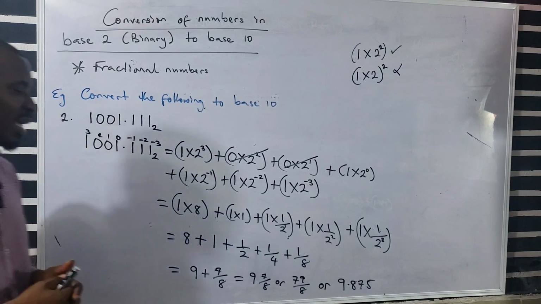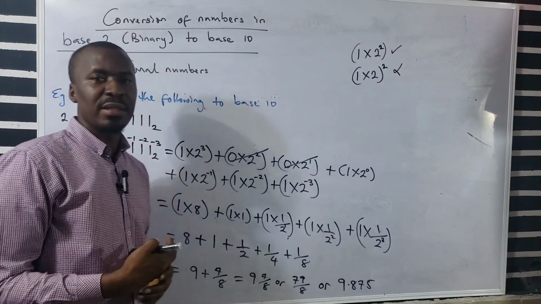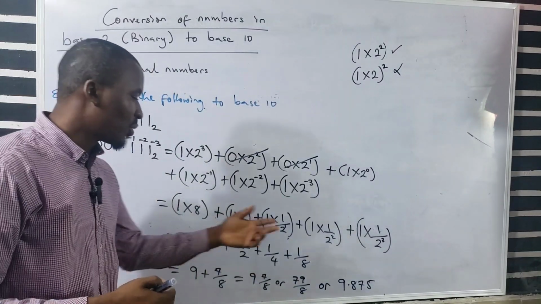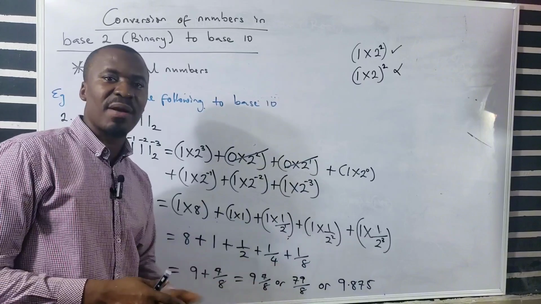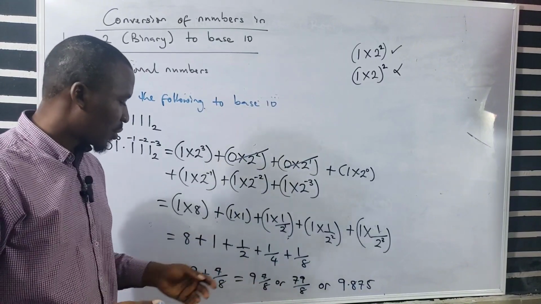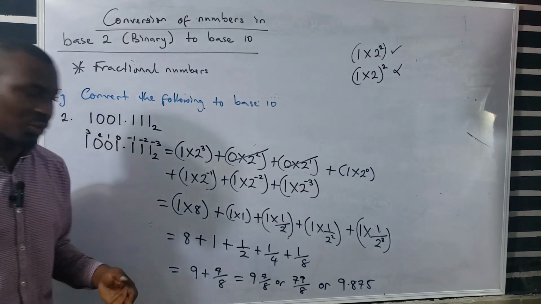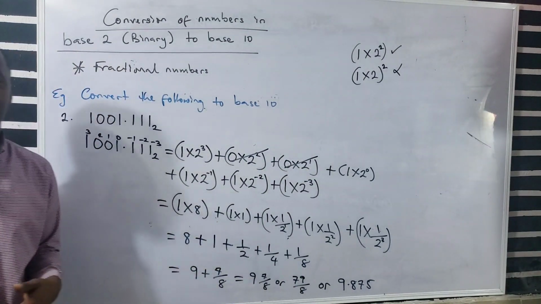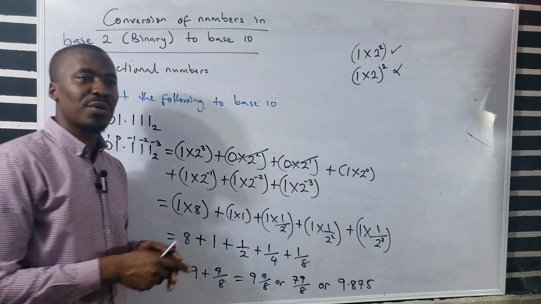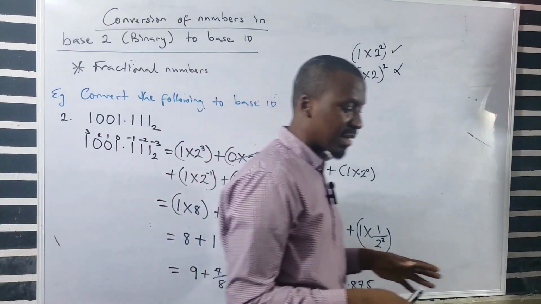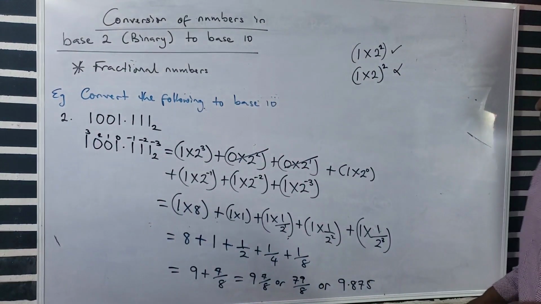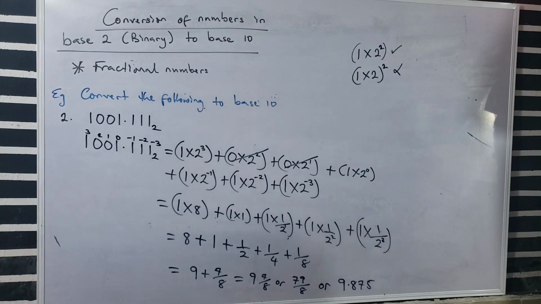Because some examiners will tell you to leave your answer in decimal form, in 2 decimal places, in 1 decimal place. Some examiners will ask you to leave your answer in fraction. So whichever way you are asked to leave your answer, you leave it like that. If you are not given a way to leave your answer, any of these can actually be very okay.